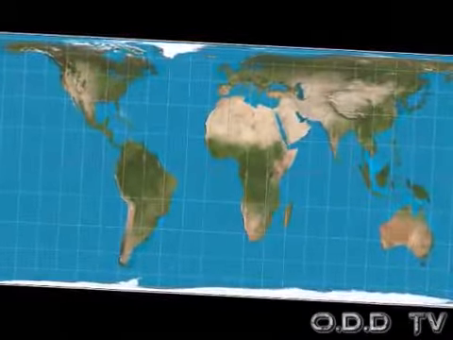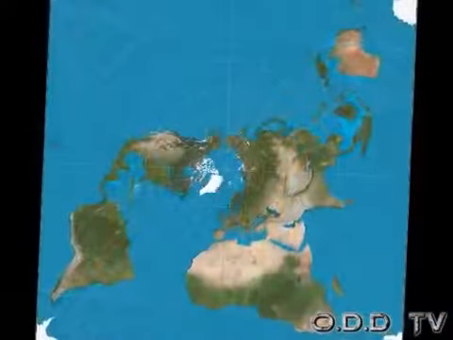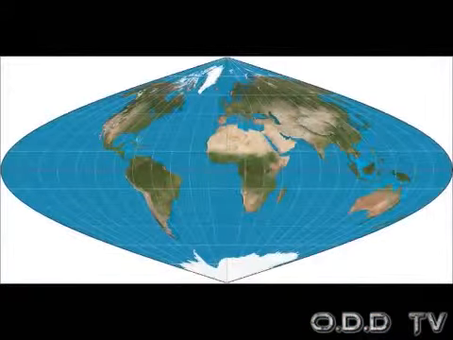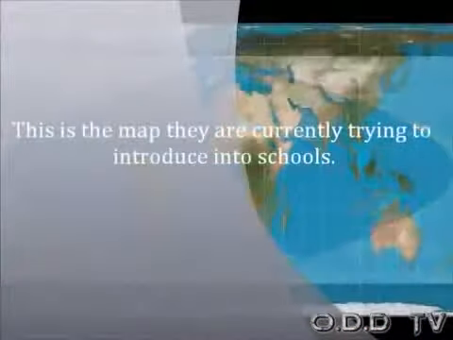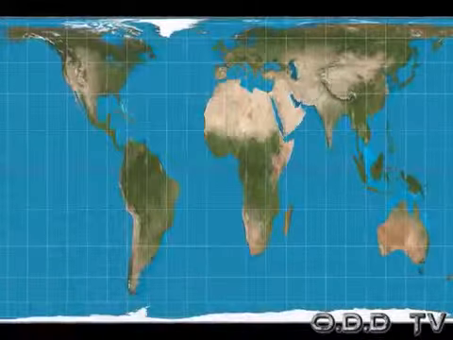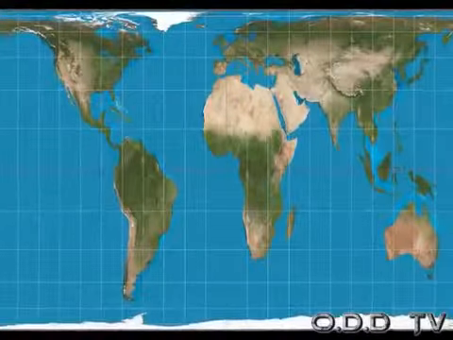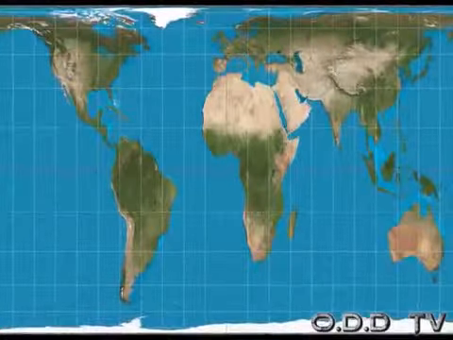Now, some of these will be very familiar, especially the ones that you would see on your classroom wall. There are a number of variations here, but the one that has been debated on recently would be this one, the Gall-Peters, which accurately shows the size difference between the continents, the most obvious clue being that the white continent of Greenland is actually tiny compared to Africa.